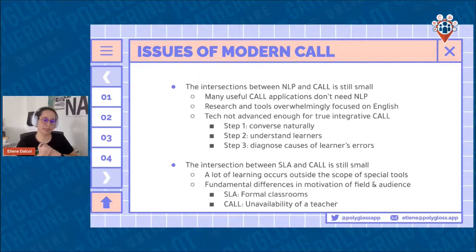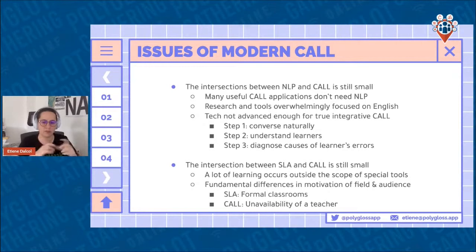One other problem in the area of computer-assisted language learning is that the intersection between SLA, second language acquisition research, language learning, and CALL is also small. And there are two reasons for that.